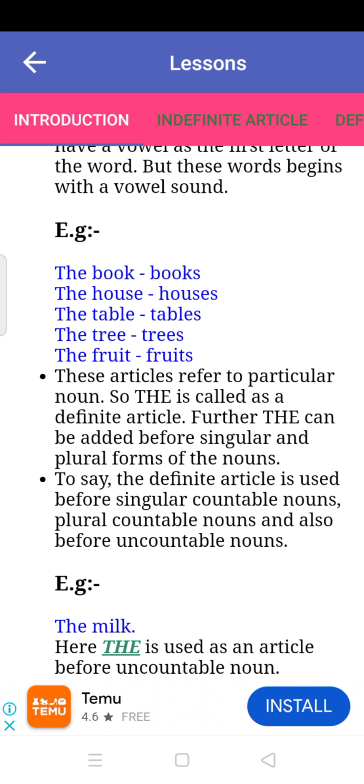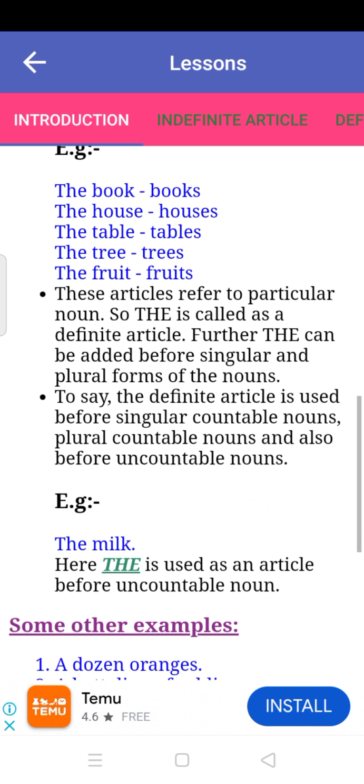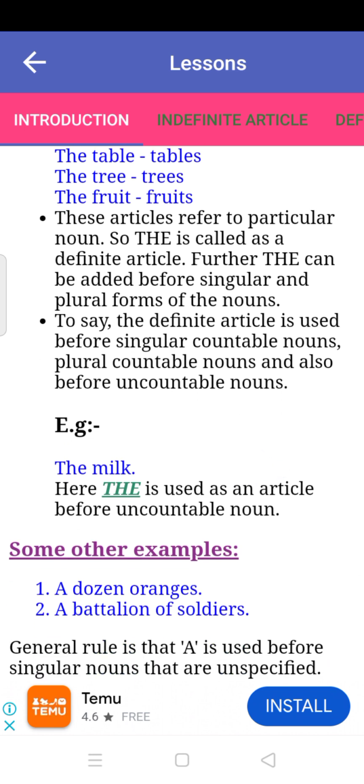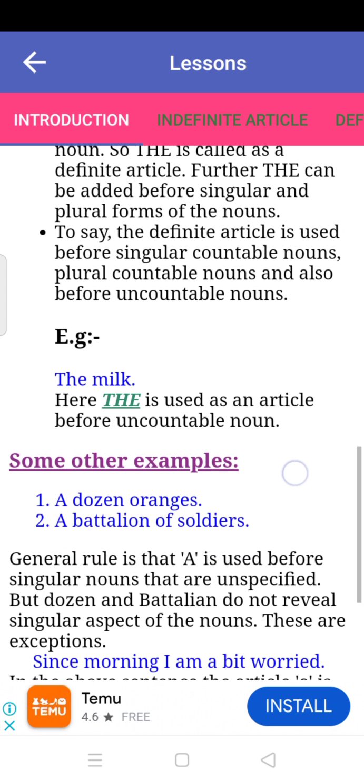The book, and at the same time, the books, both are correct. To say, the definite article is used before singular countable nouns, plural countable nouns, and also before uncountable nouns.